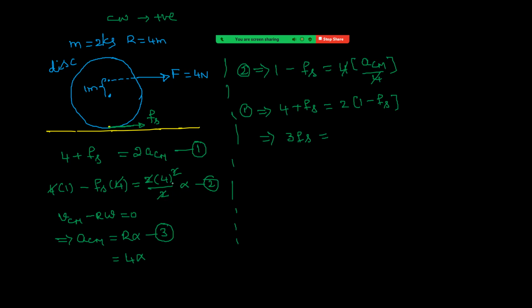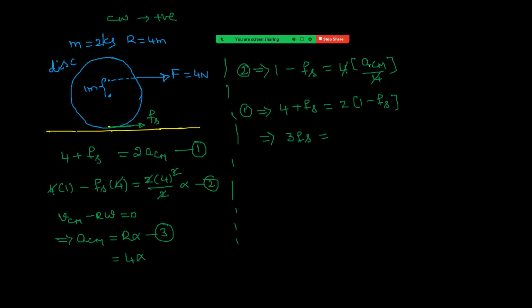Okay. Next is the calculation part. So in this, what we are going to get, I have done the calculation. 4, 4, and here 1, 4 cancel, 2, 2 cancel, 1 minus Fs equal to 4 alpha, right?